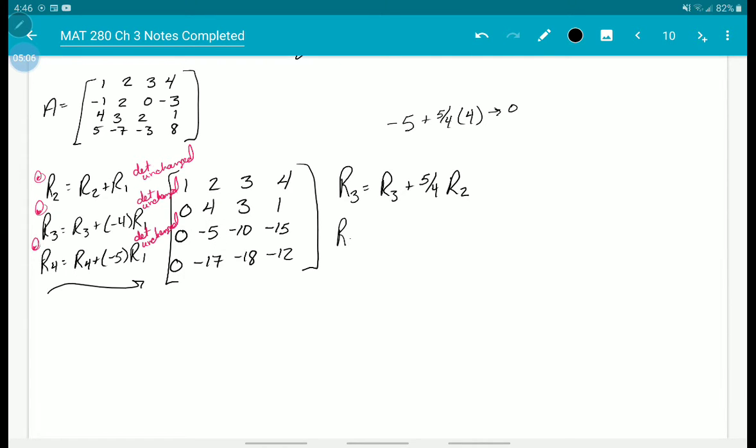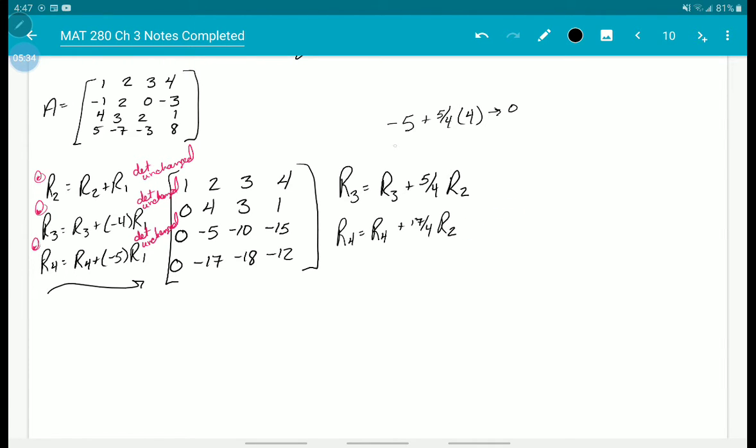And then let's think about what row 4 is going to be. It's a little bit harder to come up with this when you don't have ones in that leading spot, but we can still do that. So row 4 is going to be row 4 plus 17 over 4 times row 2.